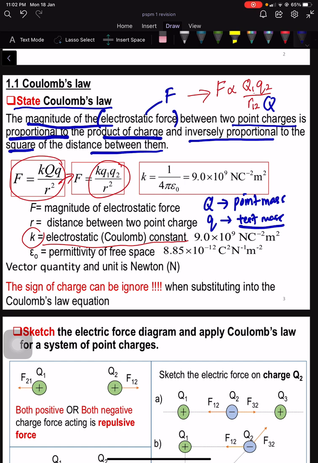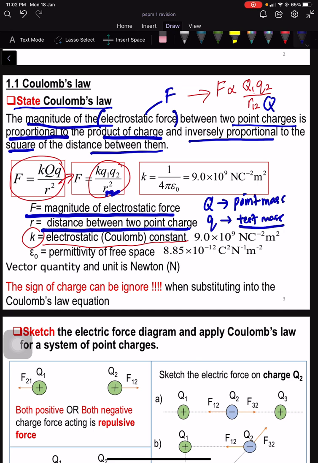Later we can see the example for sketching of the electrostatic force. F is the magnitude of the electrostatic force. R is the distance between 2 point charges, depending on the charges that you choose. If the charges are 1 and 2, the distance must be R between 1 and 2.